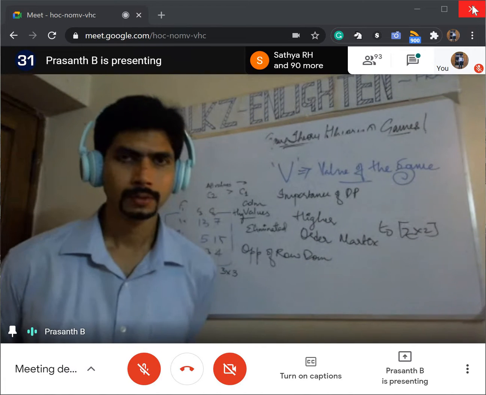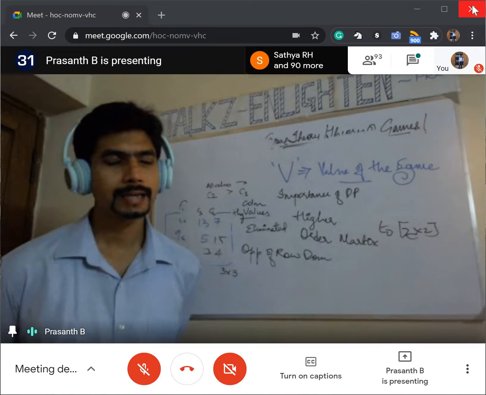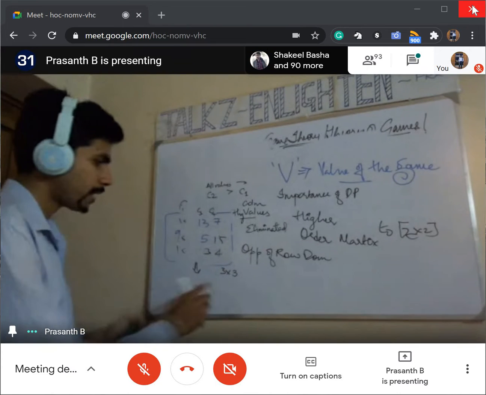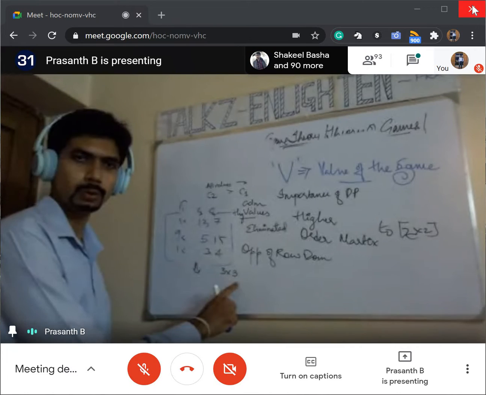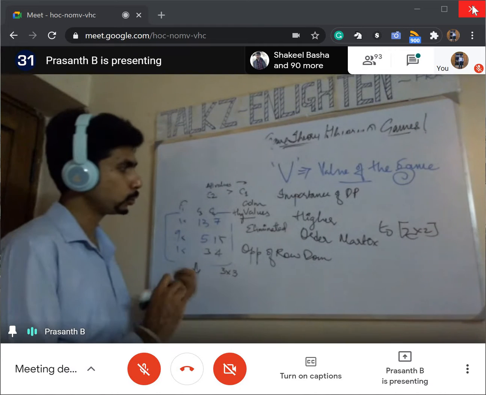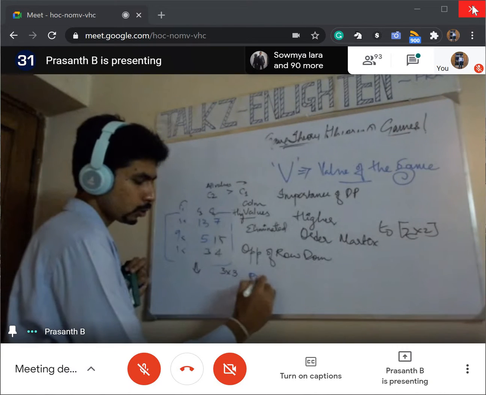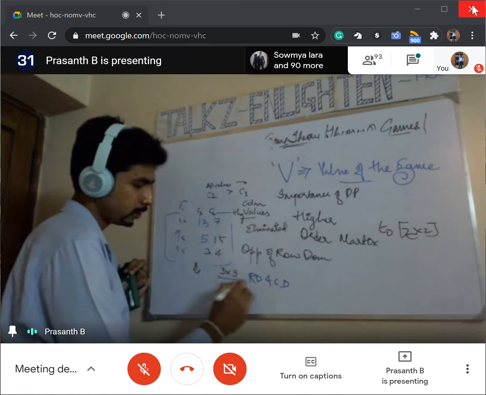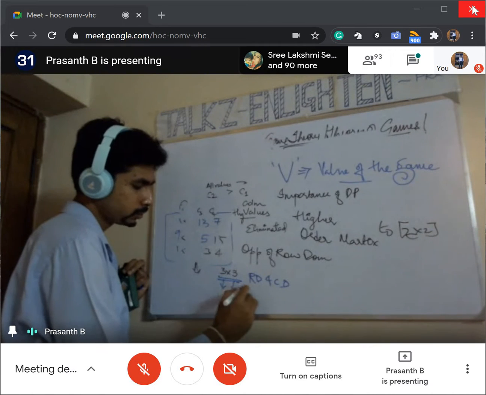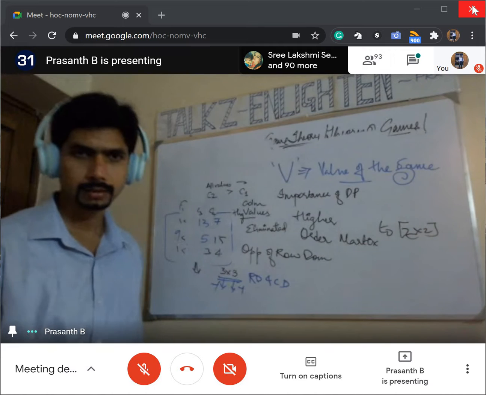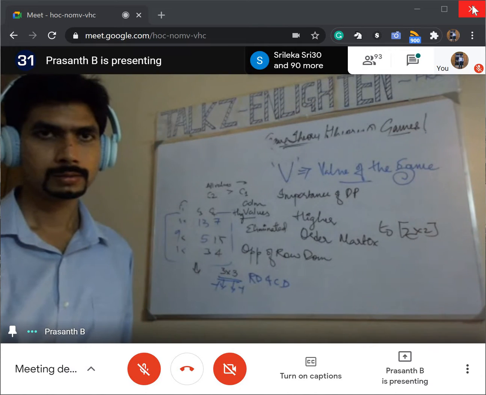If you see, if the matrix size is 3 cross 2 or 3 cross 3, I have to use both row dominance and column dominance, because both have to be reduced by 1, correct? Yes sir.